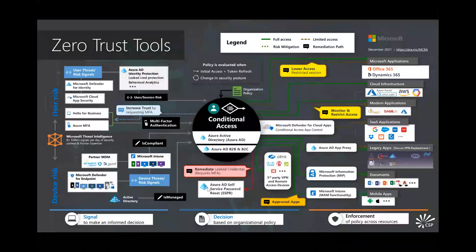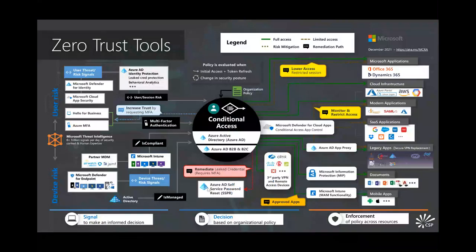So it is, again, from the MCRA, I think it's Microsoft Cybersecurity Reference Architecture, if I have that right. So we can't take credit for the slide, but it really does a great job of outlining the tools available and then how they work in concert to provide that zero trust model that we've been talking about so far and that we're going to discuss further.